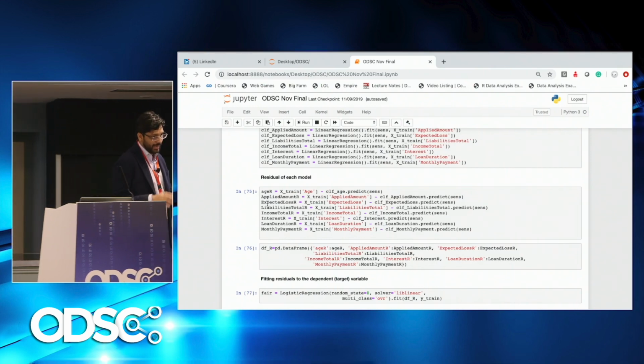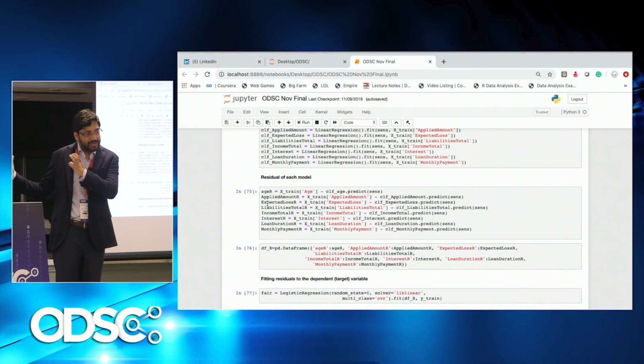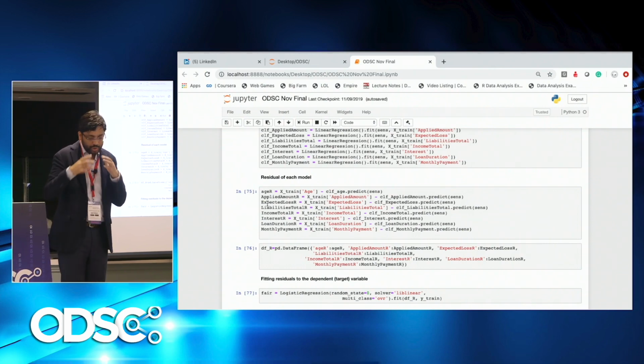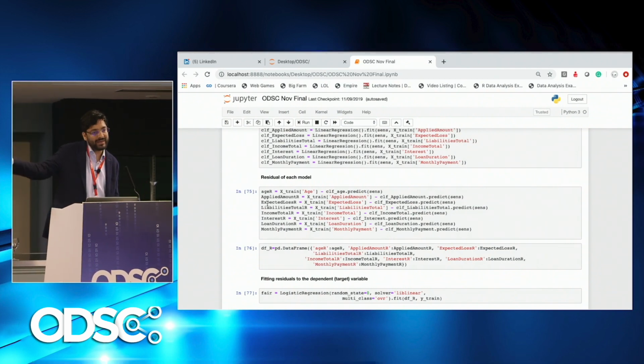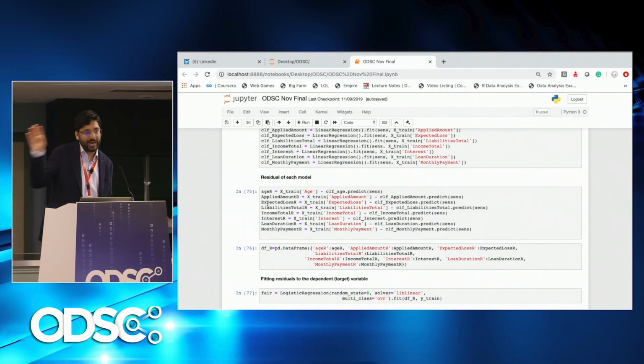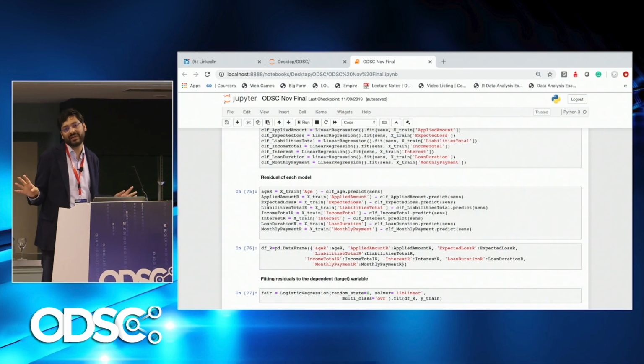I make a model based on my sensitive features and take the residual, basically taking out the correlation between age and my sensitive features, applied amount and my sensitive features, expected loss and my sensitive features, and so on. So I'm now taking only those values which are raw, completely independent, which cannot be explained by my sensitive features. I'm making all of my X variables independent of my sensitive features.